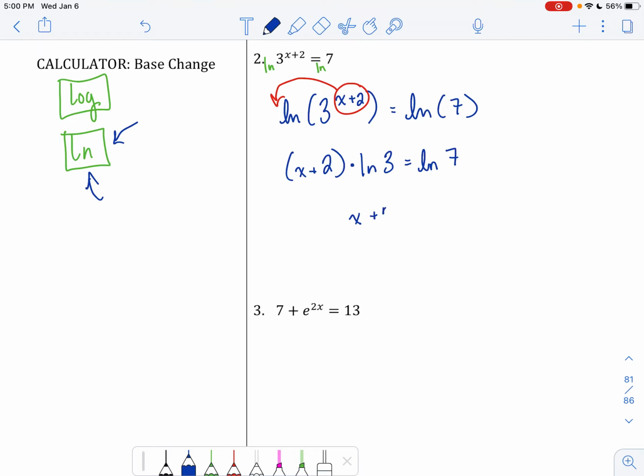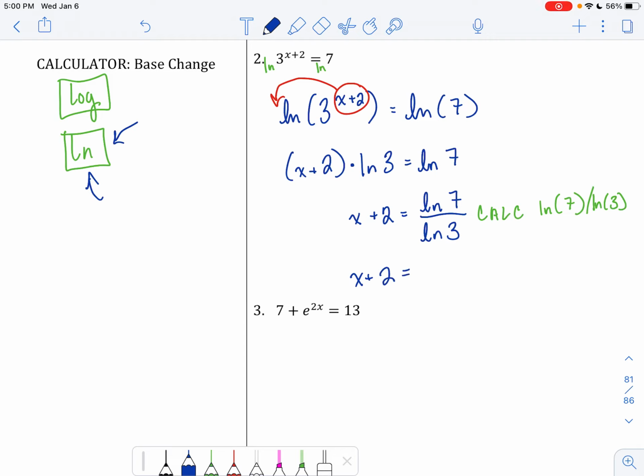And so what this tells us is that x + 2 is equal to ln of 7 over ln of 3. This is something you can just type into your calculator as ln of 7 over ln of 3. And you'll get a lovely decimal.